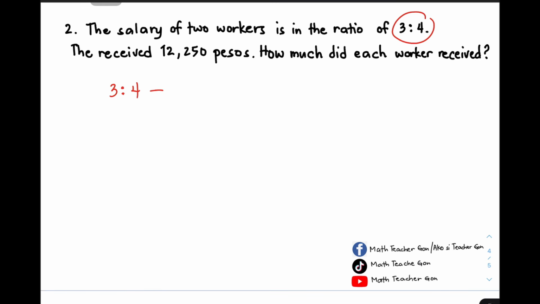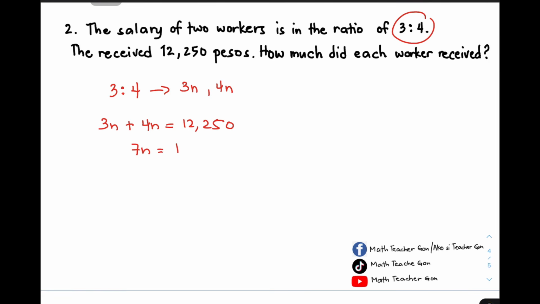So, what you need to do is to use a variable, pwedeng n, pwedeng x. So, pero sa case natin ngayon, we will use n. And that will be 3n and 4n. So, we will add 3n and 4n, in which the sum is equal to 12,250 pesos.